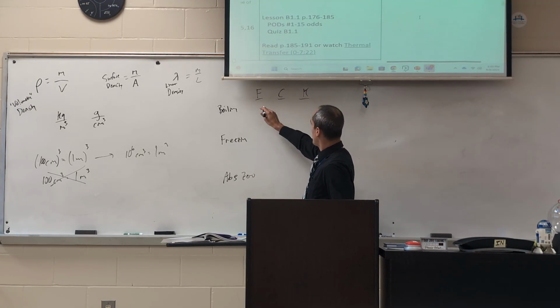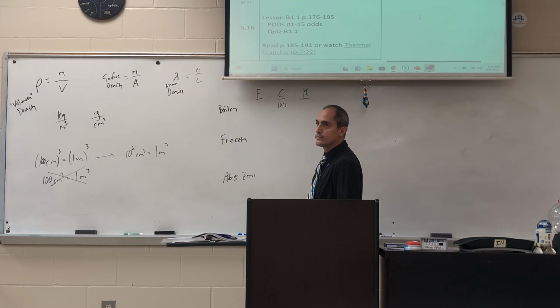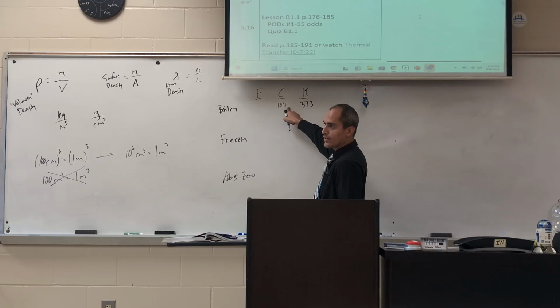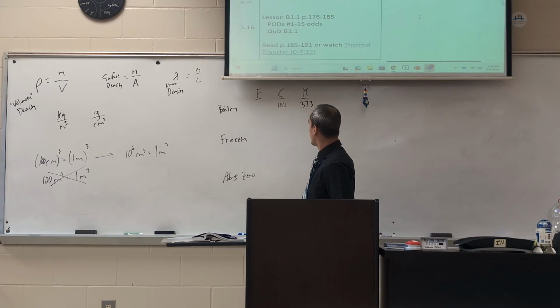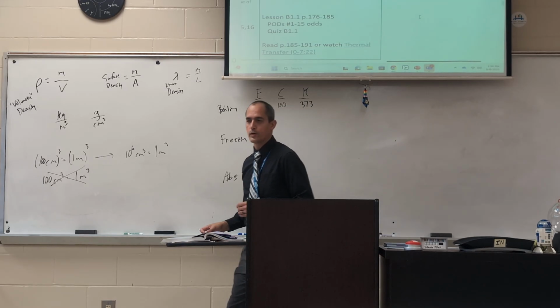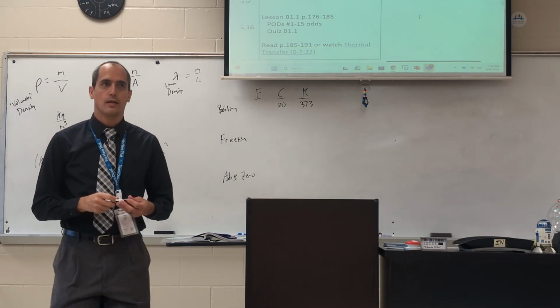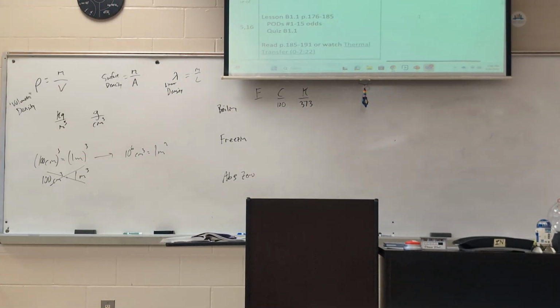Fahrenheit. No, that's Celsius. Kelvin is 373 because we're going to add 273 to our Celsius. Technically, it's 273.15, but we're just going to ignore the 0.15 because it's usually not going to be that important.